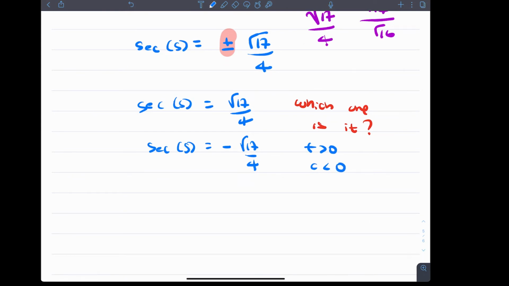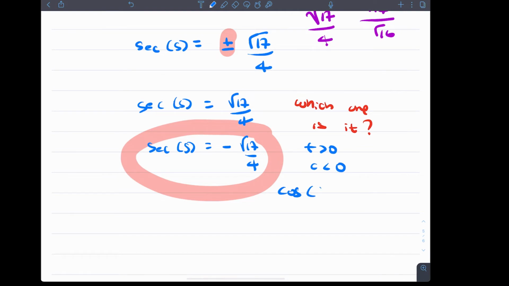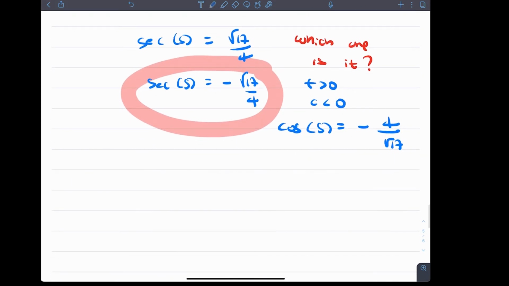Why do we care about cosine? Because the reciprocal of cosine is secant. So you're right. It's going to be the negative answer. And, since we're on the topic here, this means cosine s will be negative 4 over square root of 17. Is that right? Now, how do you rationalize the denominator again? Multiply top and bottom by the square root of 17. Is that true? So you're going to have cosine s going to be negative 4 square root of 17 over 17.